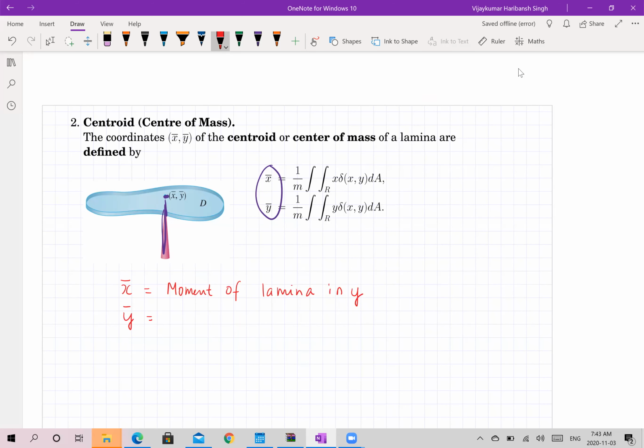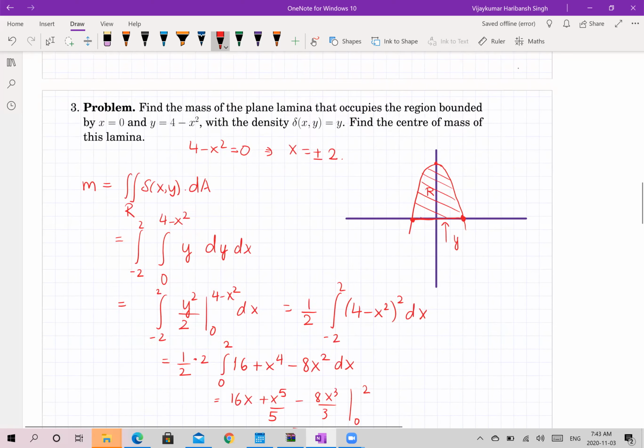Similarly, y bar is also called the moment of lamina, in x, and these are essentially called the first moment. So we are now computing the x bar and y bar for the center of mass here.